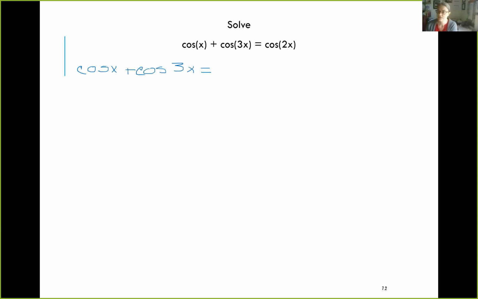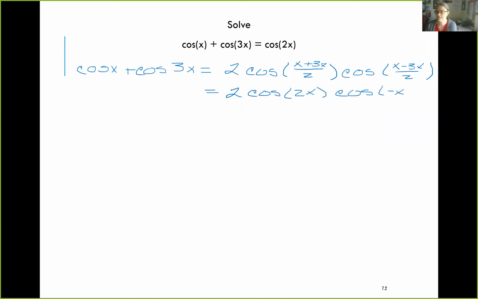as 2 times the cosine of the sum divided by 2 times the cosine of the difference. Let's do a little work here. This is 2 cosine 2x. And this next one will be cosine of negative x.